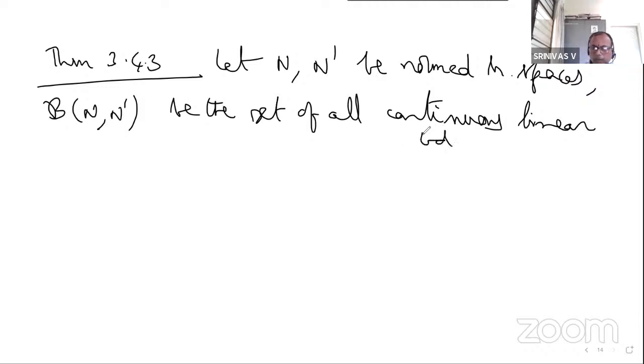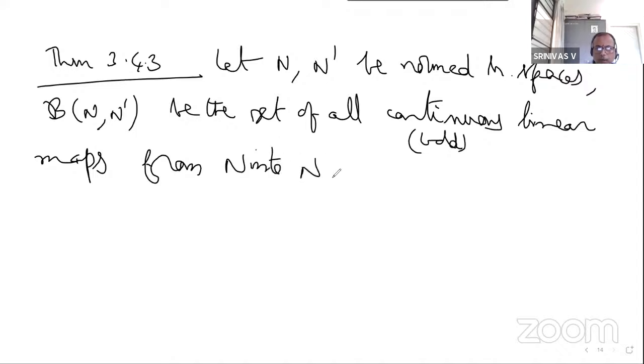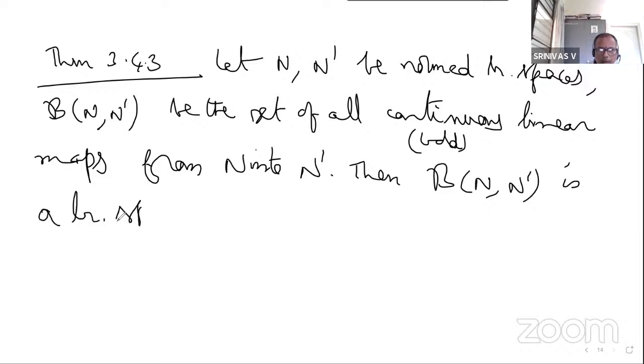Continuous or bounded, both are equivalent. Continuous linear maps are transformations from n into n dash. Then B of n comma n dash is a linear space.